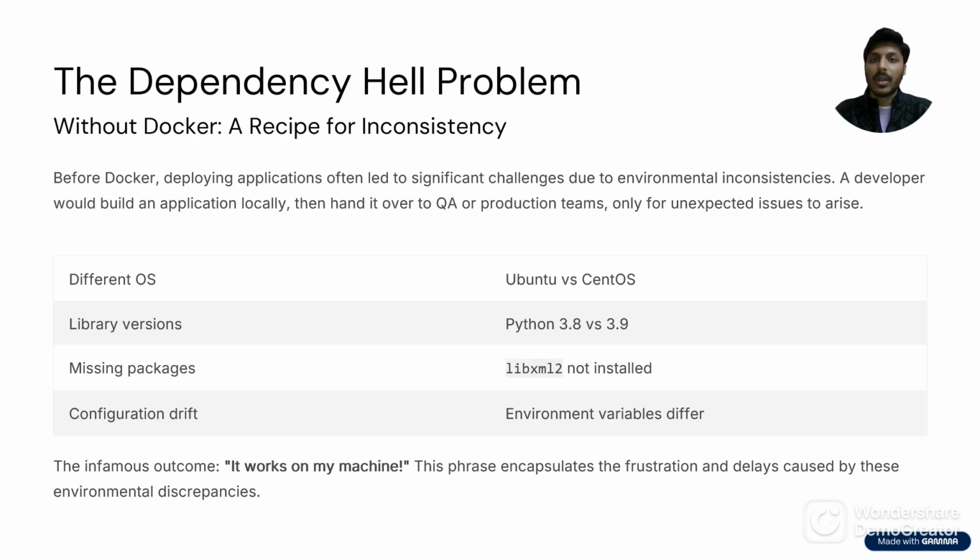First, understand the dependency hell problem: without Docker, a recipe for inconsistency. Before Docker, deploying applications often led to significant challenges due to environmental inconsistencies. A developer would build an application locally, then hand it over to the quality assurance team or production teams, only for unexpected issues to arise.